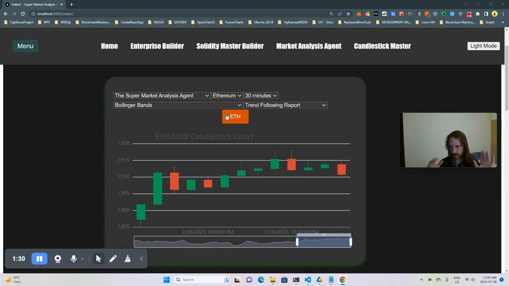I'm simplifying my life by using only Binance to fetch through Axios, but Binance gives me quite a few coins, so it's perfect, and it's got all the major coins.